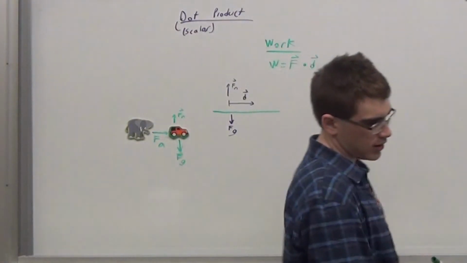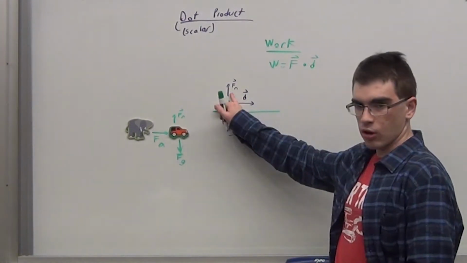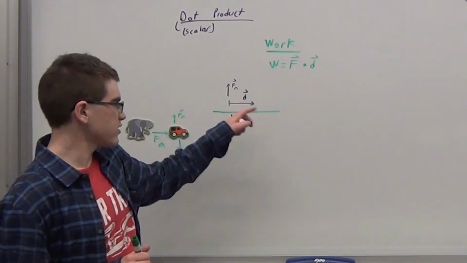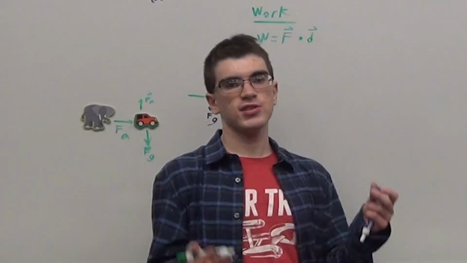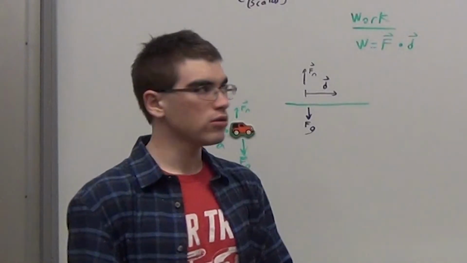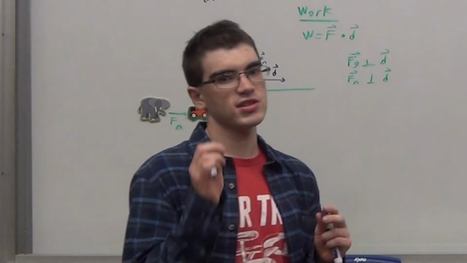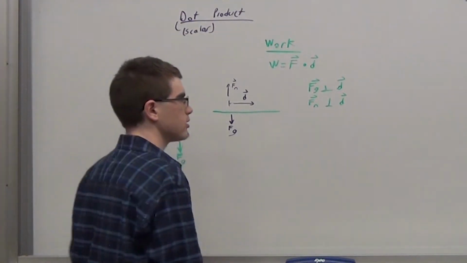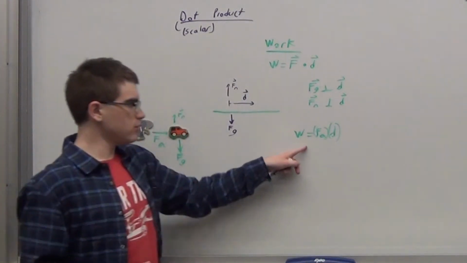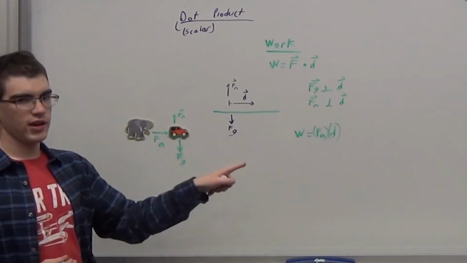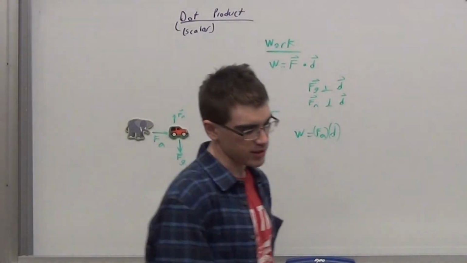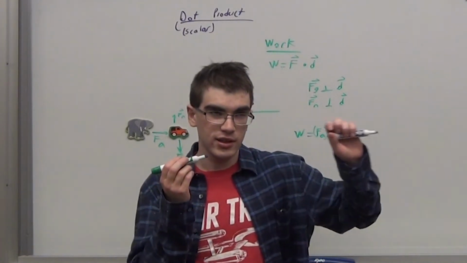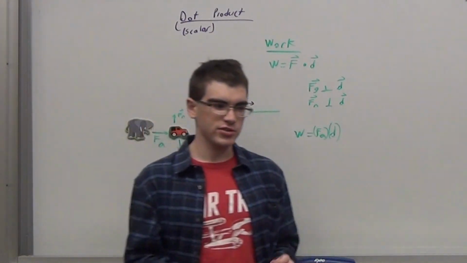So if we were to look at the work done here, the normal force and the gravitational force are both perpendicular to our displacement. Did either of those forces do any work? No, because perpendicular forces never do any work. But the applied force did do work. So work could be force applied from our elephant on our car times the displacement. But that only works if the force of the elephant and the displacement were in the same direction.